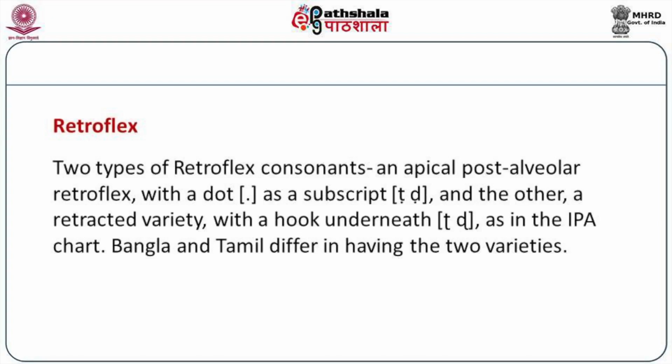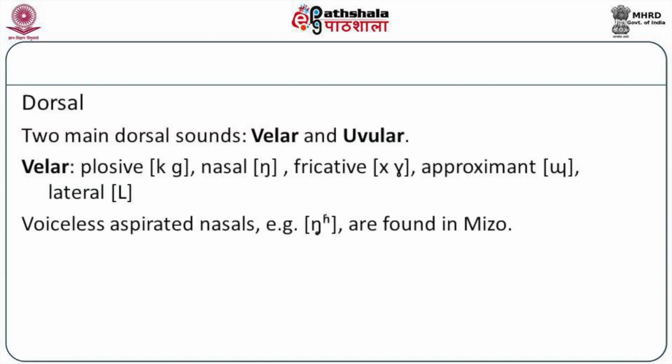So a T with the dot means it's a soft retroflex consonant, and a T with the hook beneath is a strong retroflex consonant. One of the best known phoneticians, Ladefoged, distinguished between them and thought that languages differ on account of whether they have soft or hard retroflexes.